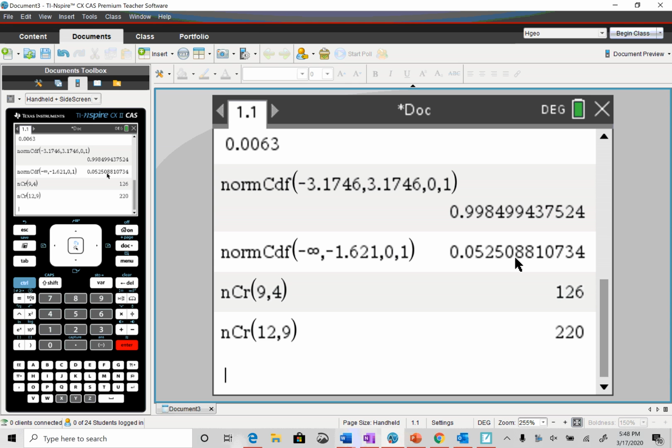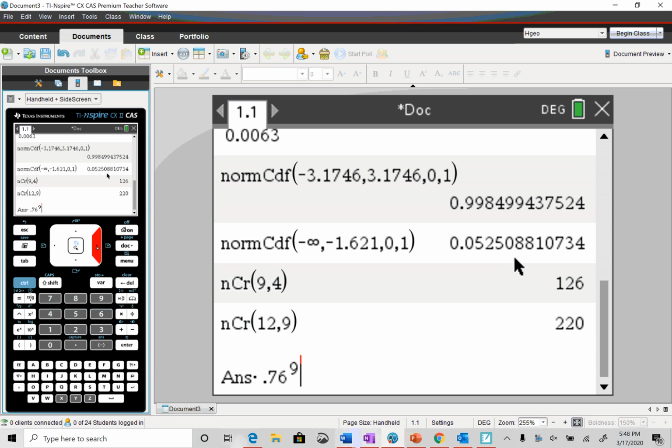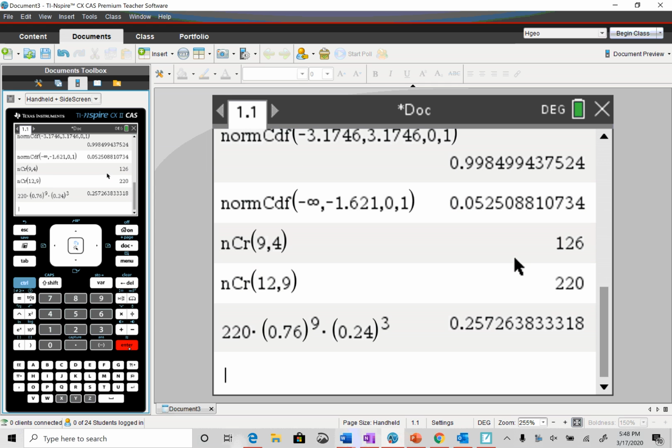And then multiply that by 0.76 raised to the 9th, the right arrow to get to your next part of it here, 0.24 raised to the 3rd, and we'll round that off to something reasonable like 0.26.